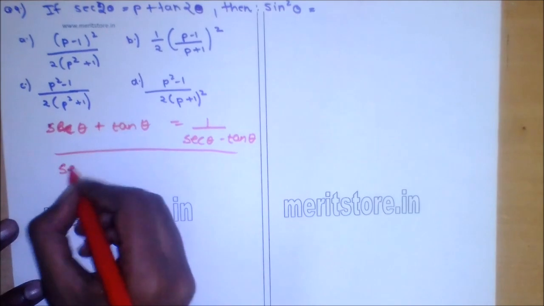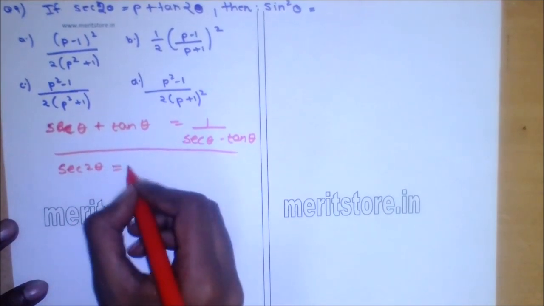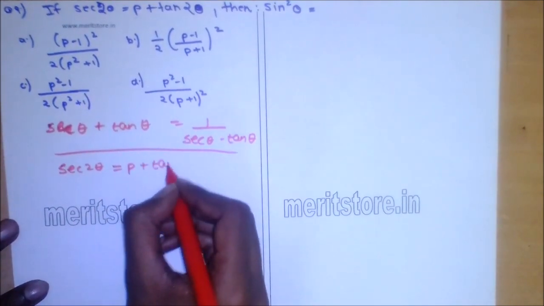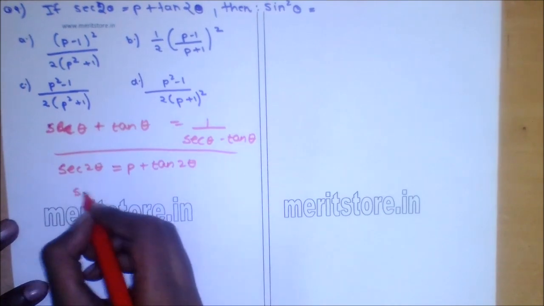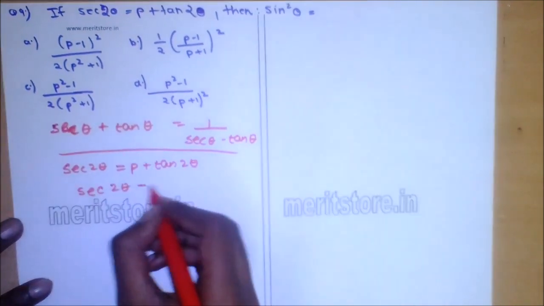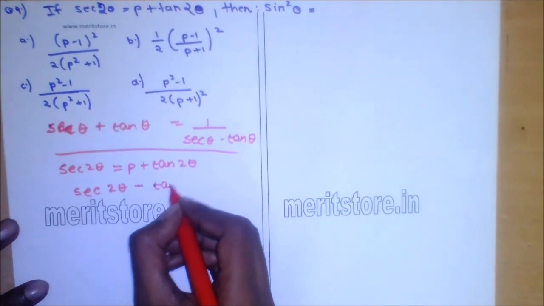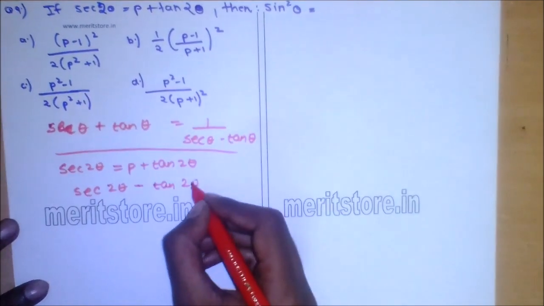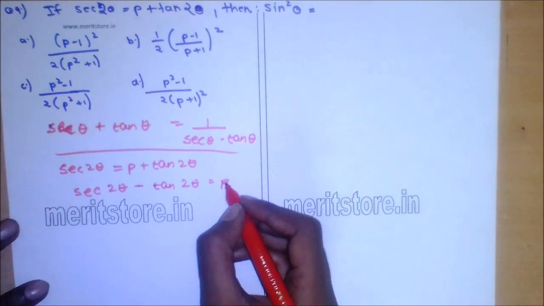So sec 2 theta equals p plus tan 2 theta, that is sec 2 theta minus tan 2 theta equals p.